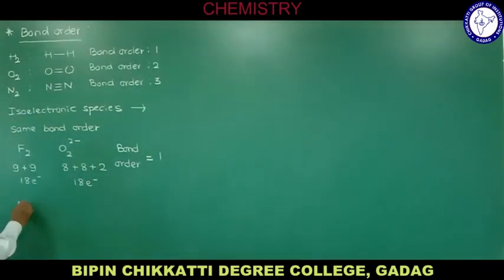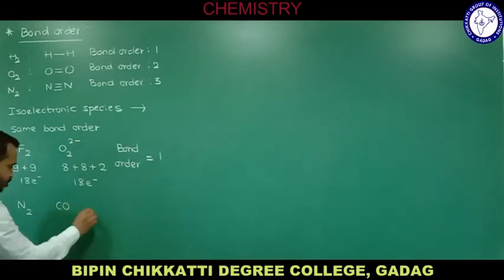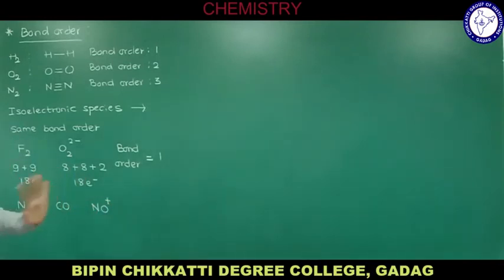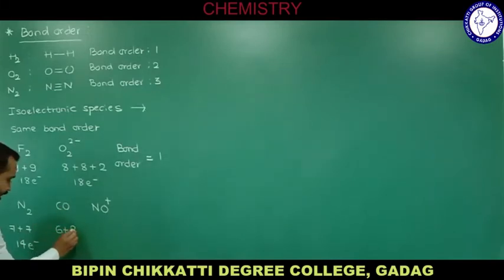One more example we'll see. I consider the example of nitrogen N2, carbon monoxide and NO plus. We'll see whether these are isoelectronic species or not. Nitrogen's atomic number is 7, therefore electrons are 7, and for 2 nitrogens, 7 and 7, we have 14 electrons. Carbon has 6 electrons and oxygen has 8 electrons, and 6 plus 8 is 14 electrons.